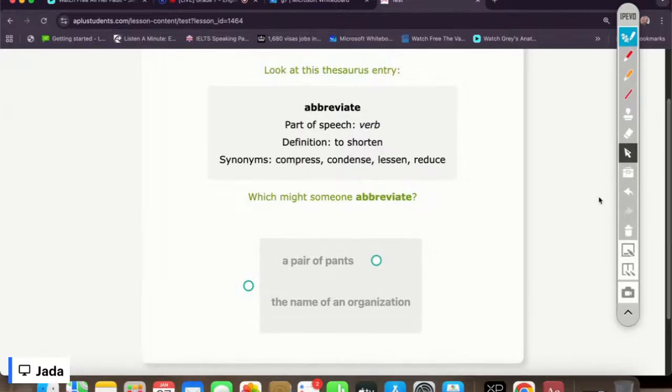So we have abbreviate, part of speech verb, to shorten. So synonyms are compress, condense, lessen, reduce. So which might someone abbreviate, first or second?